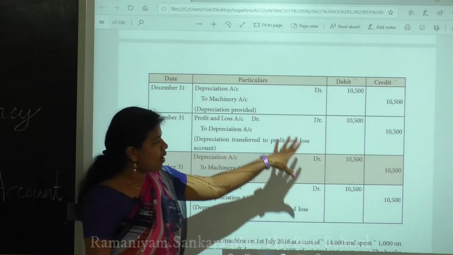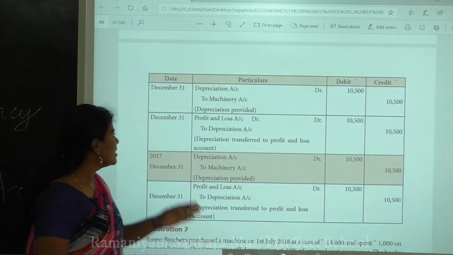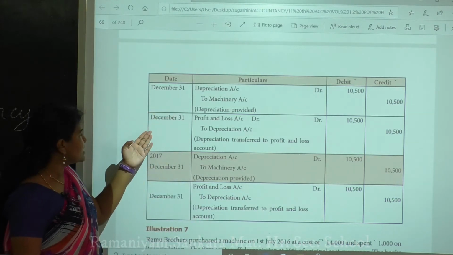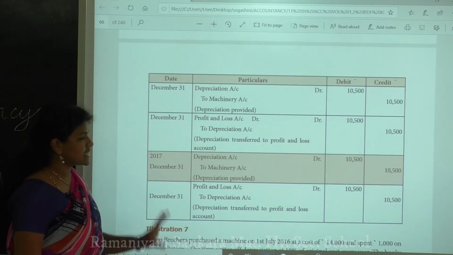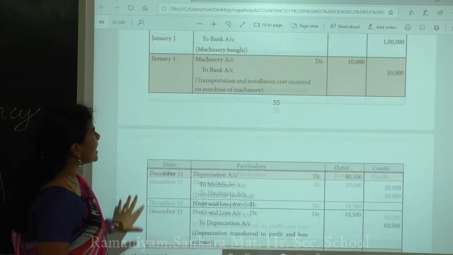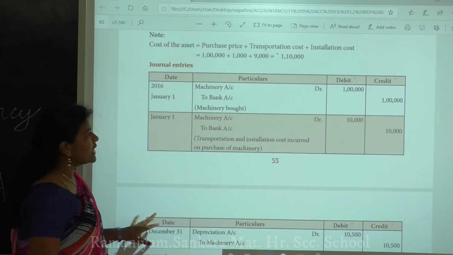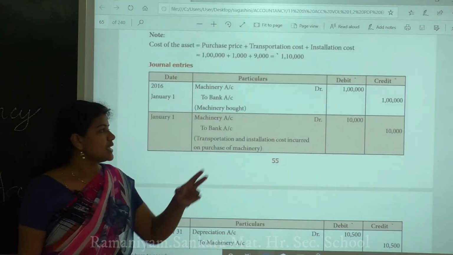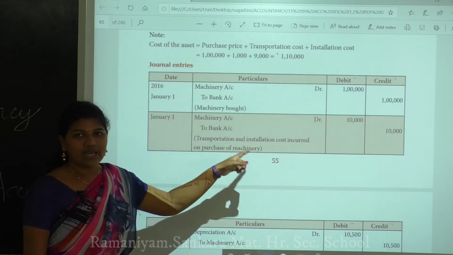Why are these four entries the same? Because this is December 31st, 2016, and this is December 31st, 2017. They are asking for the two years' calculated amount. That is the machinery cost and the other spent amount.